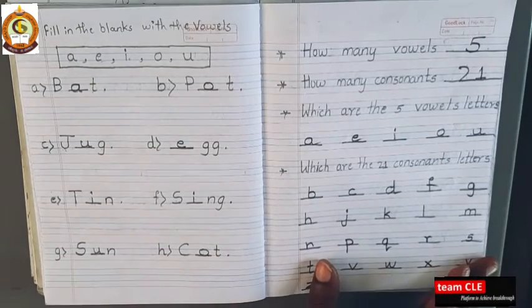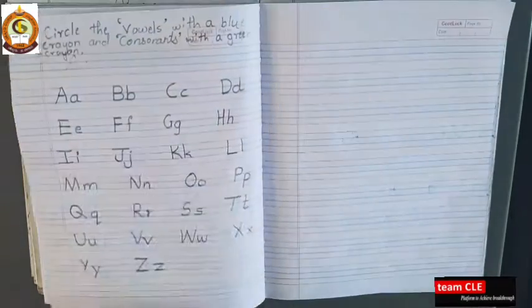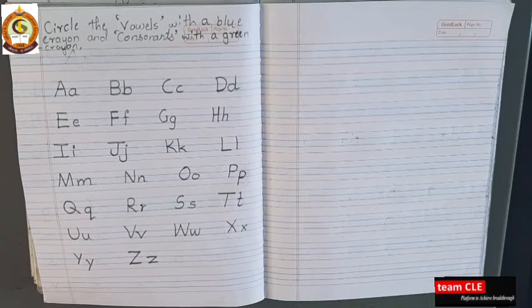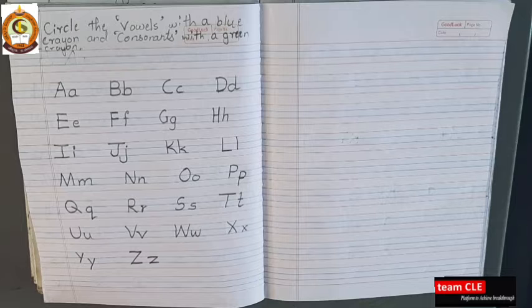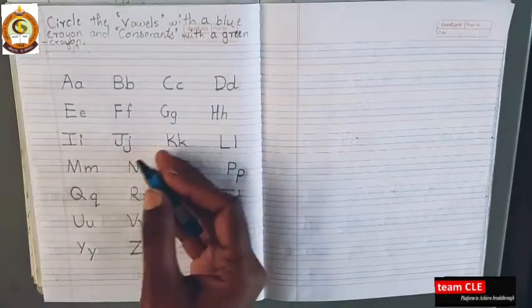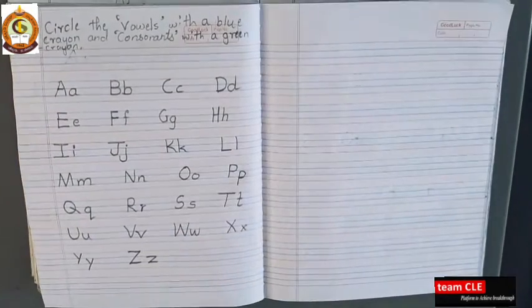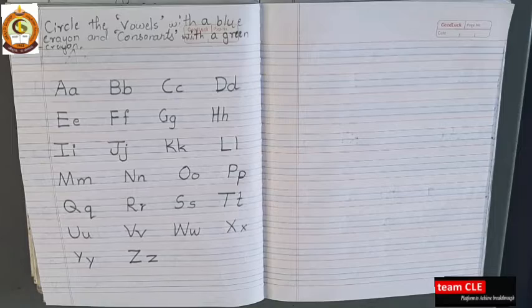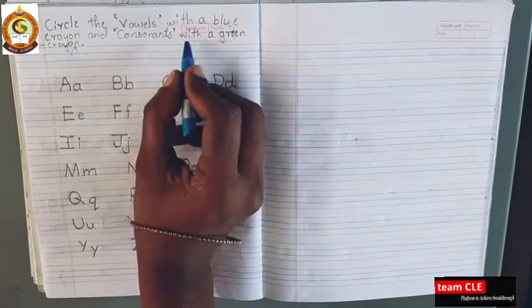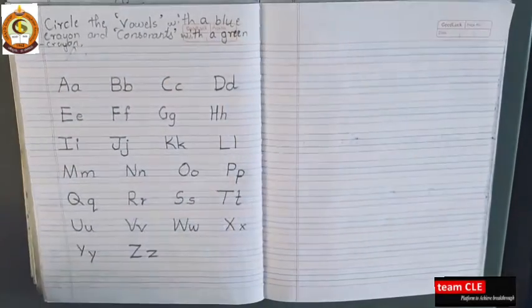After this, turn the page. So here, children, we have to take crayons. Take blue color crayons and green color crayons. So like this, capital with small letters, A to Z. Circle the vowels with the blue crayons and the consonants with the green crayons.